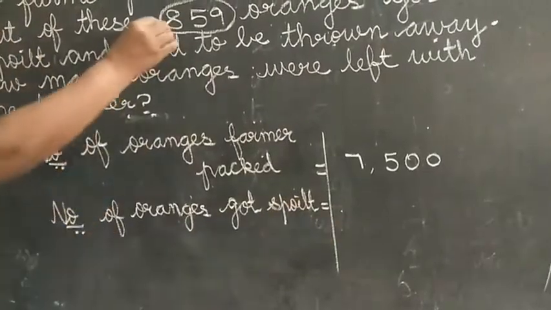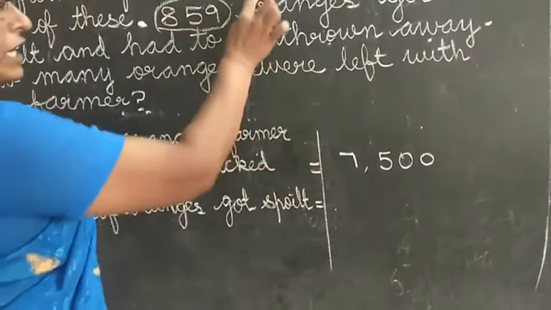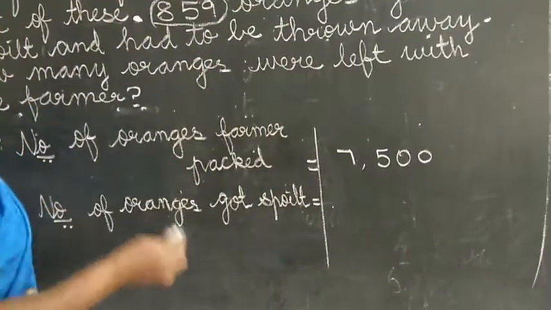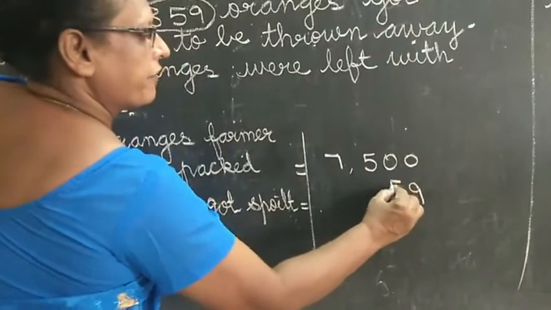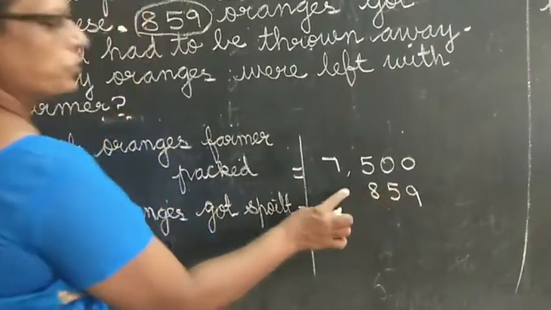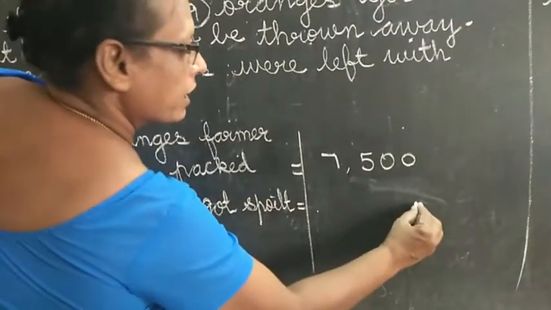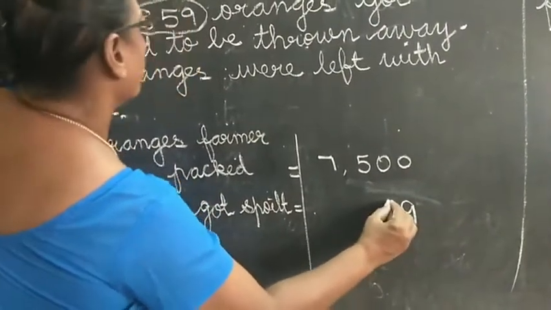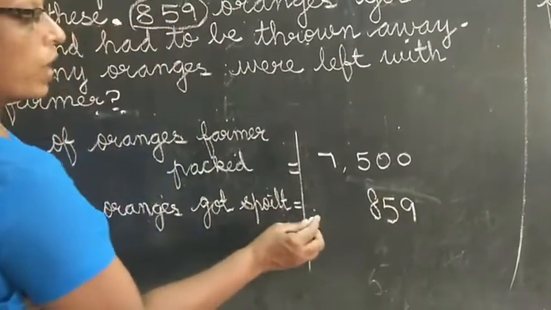How many oranges children? 859. See here 3 digits and here 4 digits. So what do you have to do? You have to write from here. You should not write any number here. So understood children? I will write this here, 859.